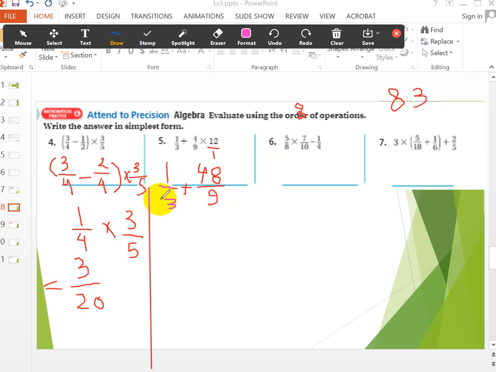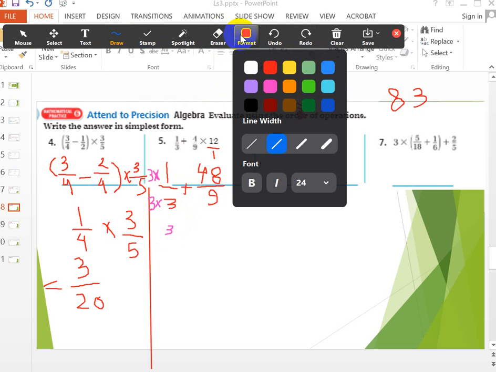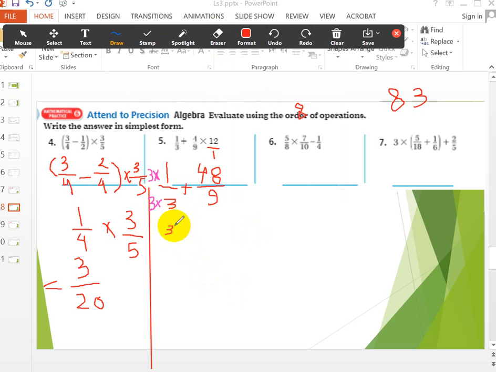So I will use this strategy to make the denominators the same. So I will multiply 3 with 3, and also I have to multiply the numerator with 3. So 3 multiply 3 equals 9, and 1 multiply 3 equals 3.